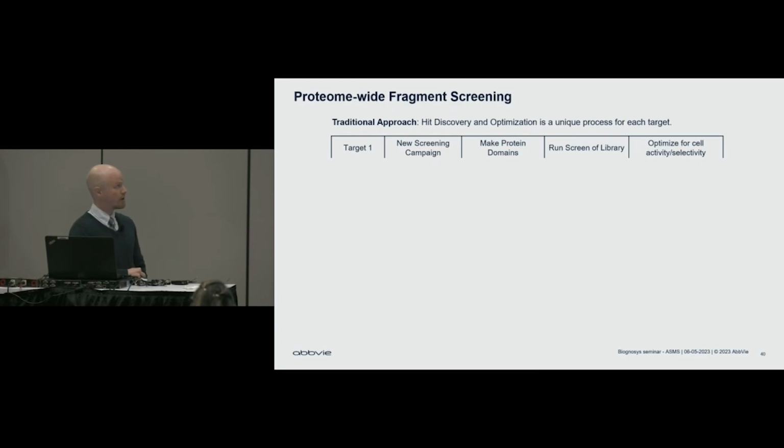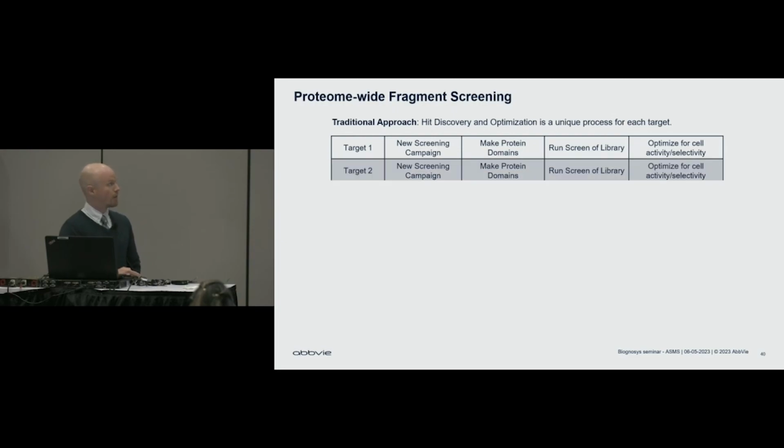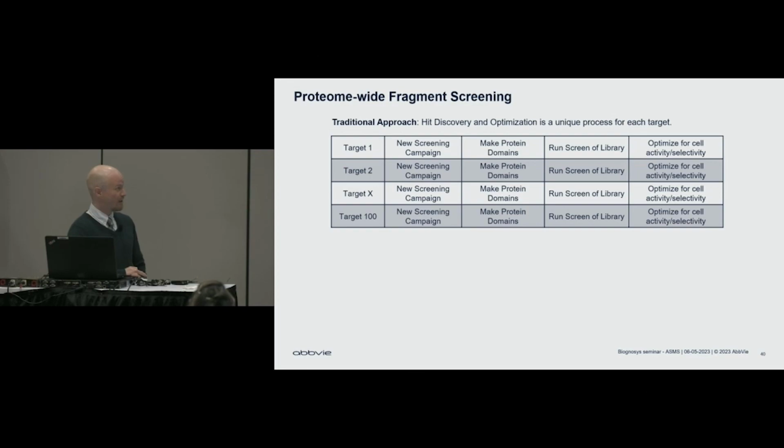Then we'd run a really large compound screen of covalent or non-covalent compounds. For a new target, a couple of months later, you'd go through exactly the same process. From target 2 to target X, target 100, it's very iterative. So obviously this is very redundant. It takes a lot of time for these screens.